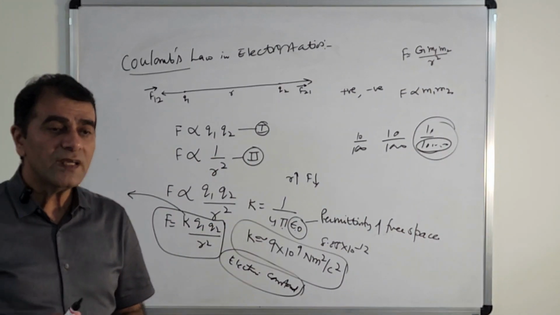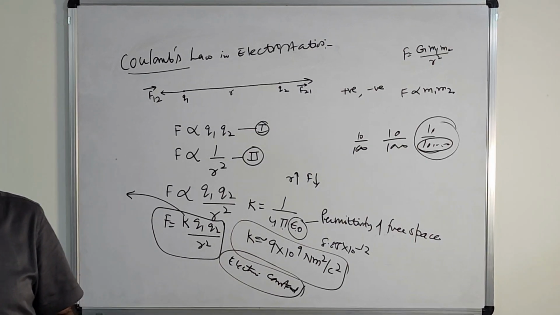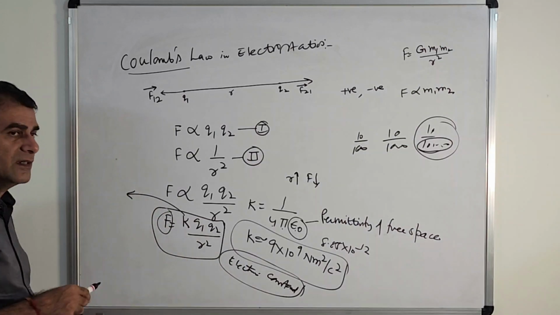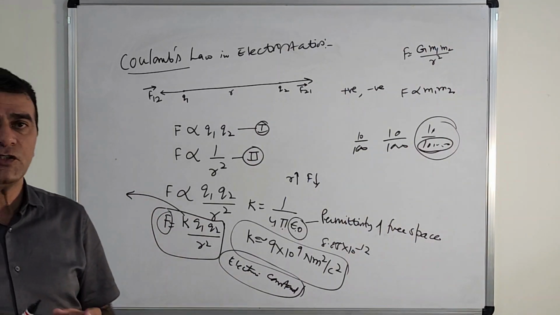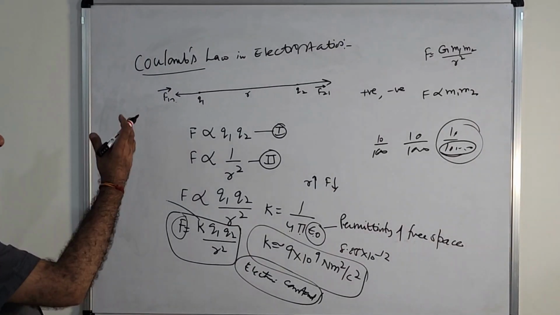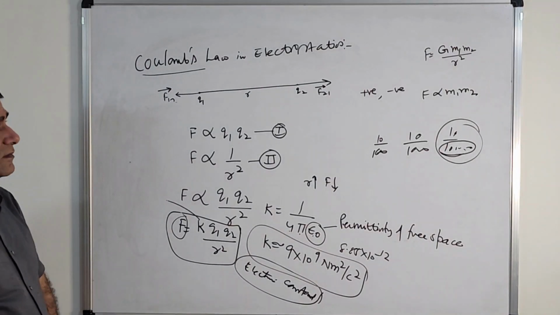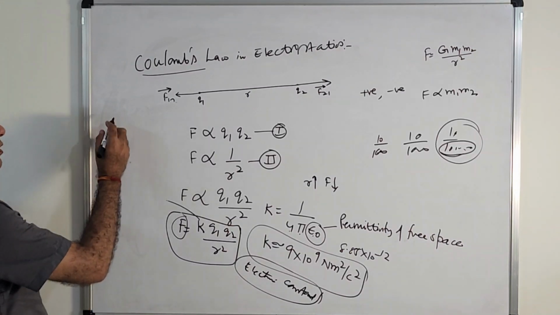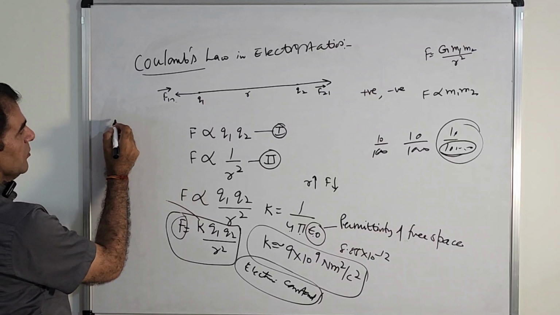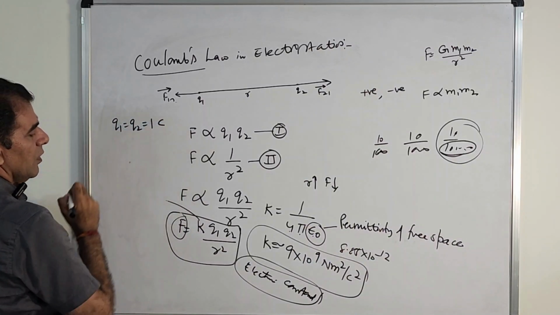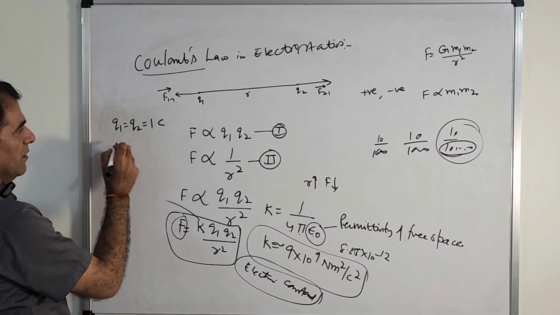So what do we get from Coulomb's law? What does Coulomb's law actually give us? This. What is this? Electrostatic force of attraction or repulsion. So using this Coulomb's law in electrostatics, we can define 1 coulomb of charge. What is 1 coulomb of charge? Let us put Q1 equal to Q2 equal to 1 coulomb, right?